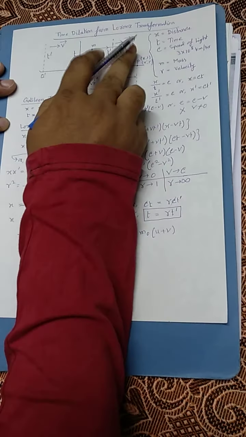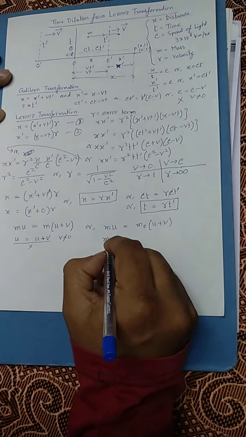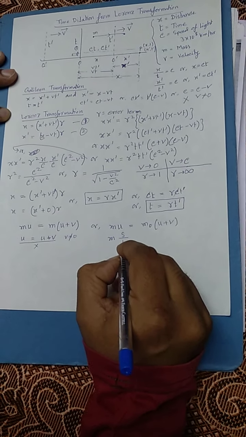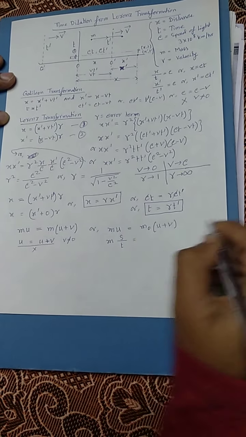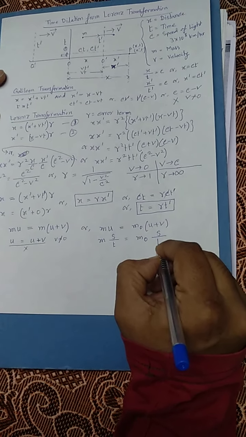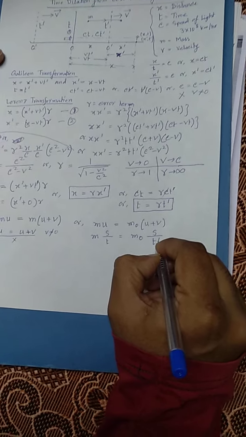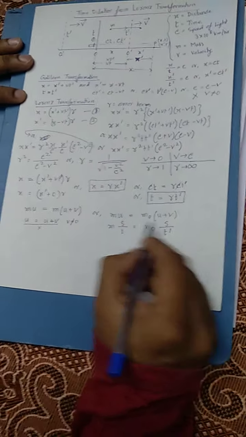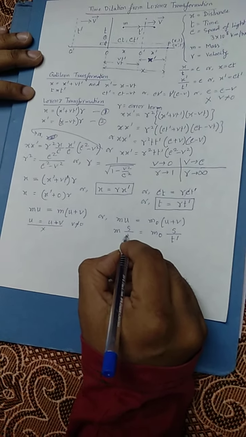Since length will be the same in both reference frames, we have m equal to, let's say the length is s by t, and here m0 is equal to s by t prime. This is remote measurement.